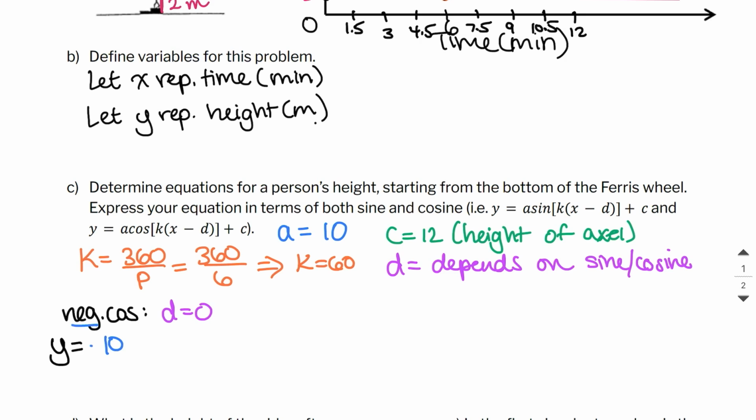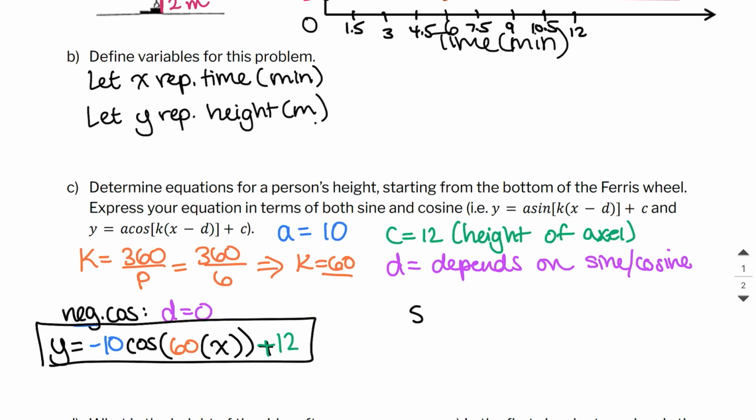However, because it's a negative cosine, it's going to be negative 10 times the cosine of 60 times x minus d, which is just x minus 0, but we don't have to put the minus 0, and then plus c, which is 12. So here's one equation that we could get.